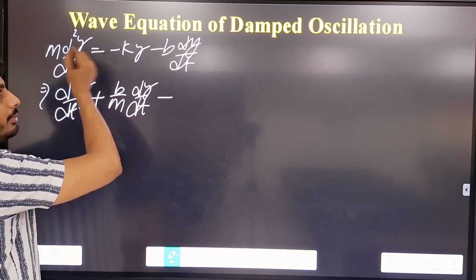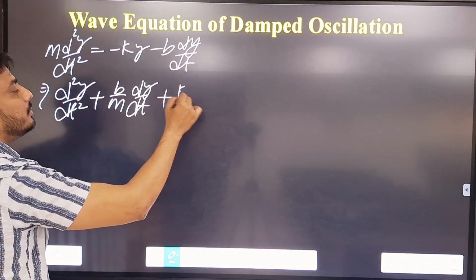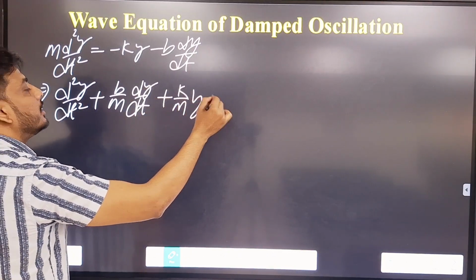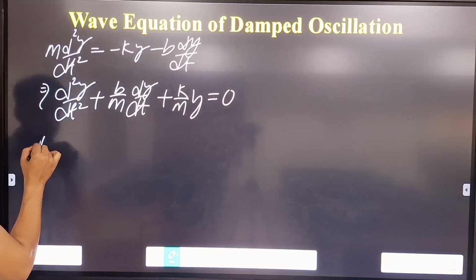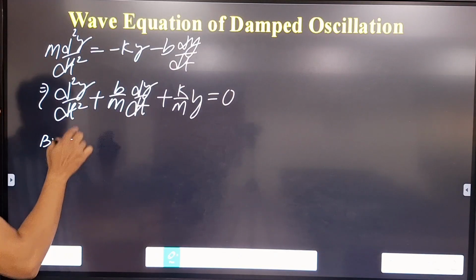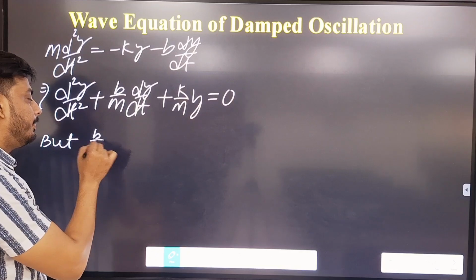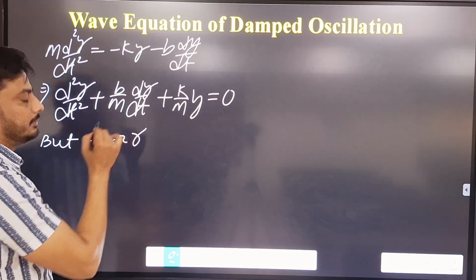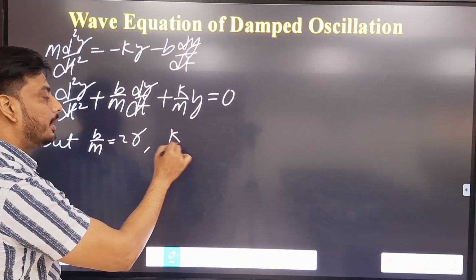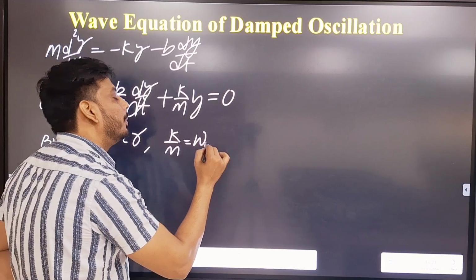Again, this is negative, and if we take it to the left hand side it will be positive, k by m y equals 0. Now for convenience, we use the values of b by m and k by m. b by m equals 2r and k by m equals omega naught square.